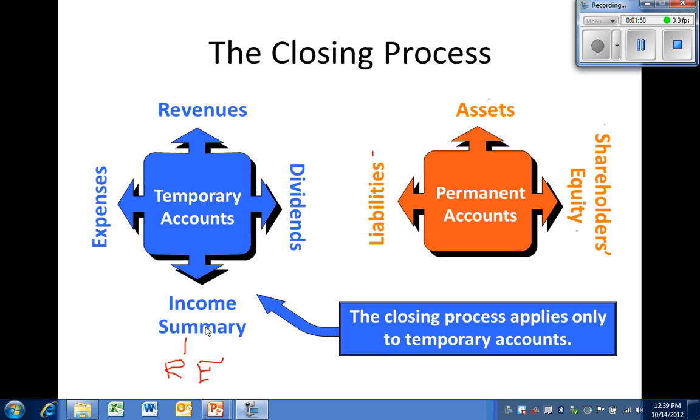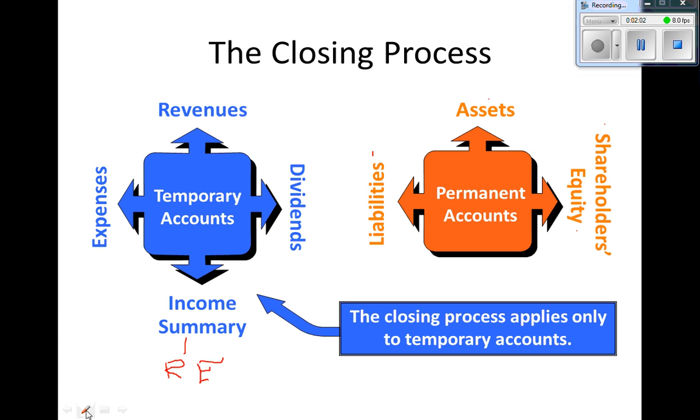Income summary is closed out to retained earnings, which is then transferred over to the shareholders' equity as the new balance that will be reported on the balance sheet.